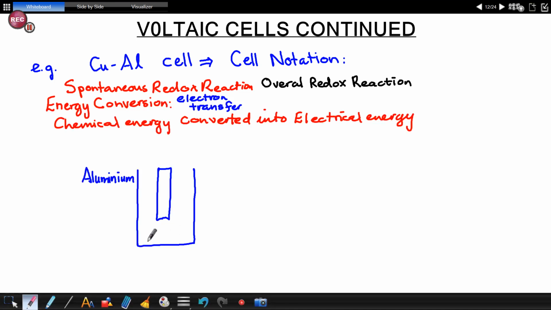So this is aluminium, solid aluminium, and in here we have an electrolyte that contains aluminium ions. Let's say aluminium chloride. So the aluminium chloride. Okay, so it's a solution.